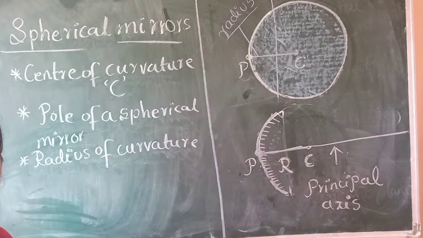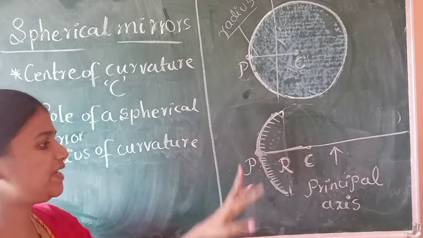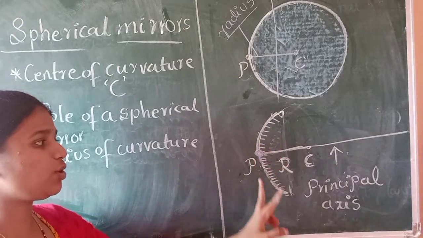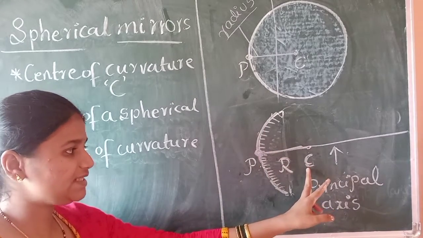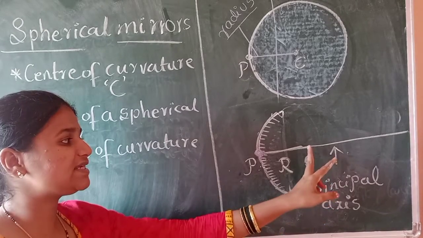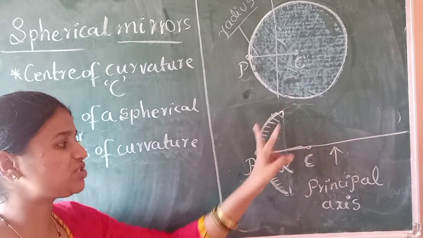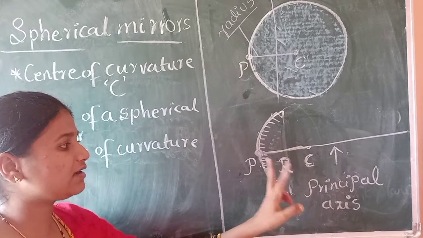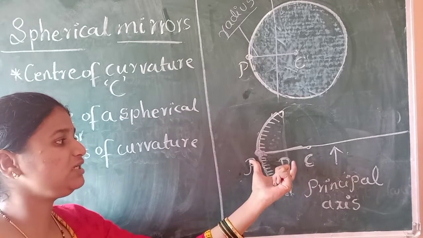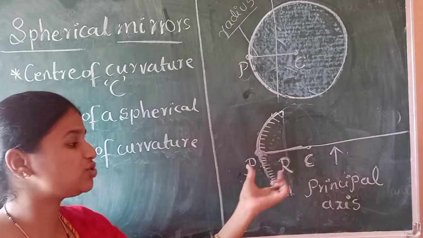So these are the terms which we are going to learn with spherical mirrors. Pole, the center of a spherical surface. Then C, that is center of curvature. It is the center of a sphere from which the spherical surface has been derived or detached. And R, radius of curvature: the line joining the center of curvature and the pole.